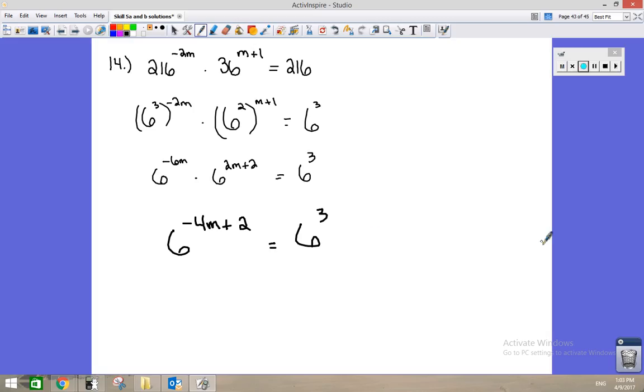For an exponential equation, if the numbers are the same and the bases are the same, the exponents have to be the same. And this is a two-step equation. Subtract 2 from both sides and divide by negative 4. 3 minus 2 is 1, and divided by negative 4, and we have our answer.